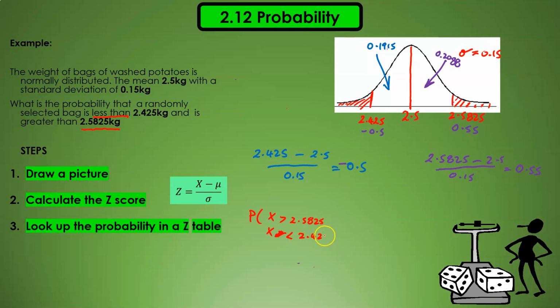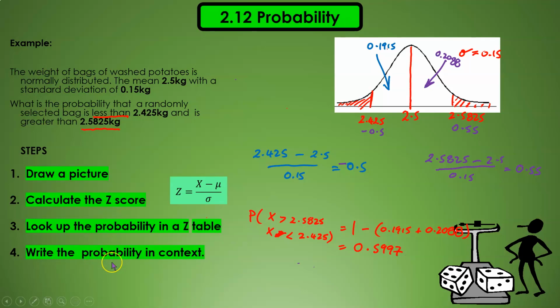Normally it's one whole inequality, but because it's not a continuous group, you need to do it in two separate parts. To work that out, it's going to be 1 take away 0.1915 plus 0.2088, which equals 0.5997.